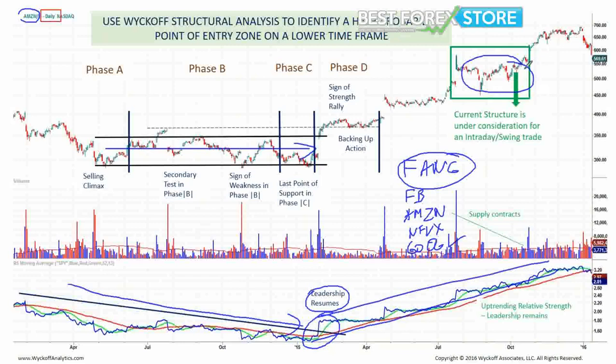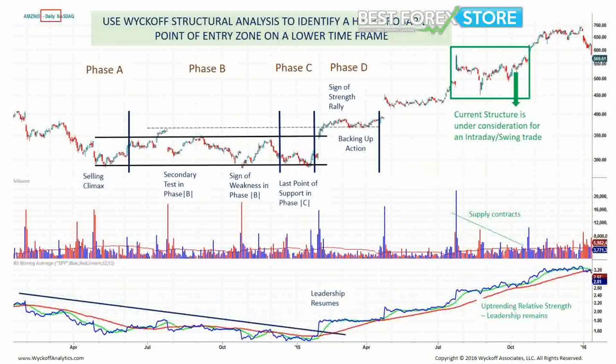So if we're expecting the next move to the upside, on the short term, there's going to be exactly the same picture where there is a downtrend and then there is a resumption of that leadership. If you catch this, then you're basically catching a really good point of entry, not just for the intraday action to get involved, but also for a potential swing trade.